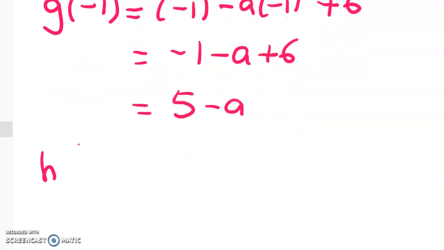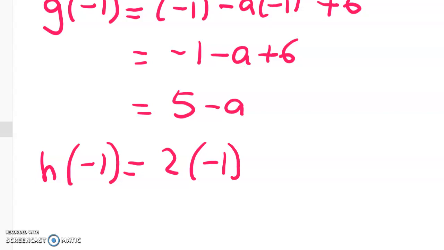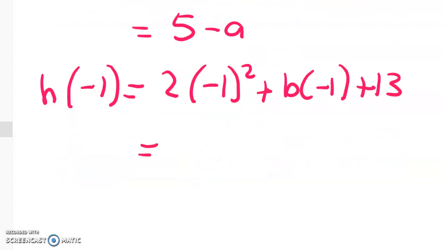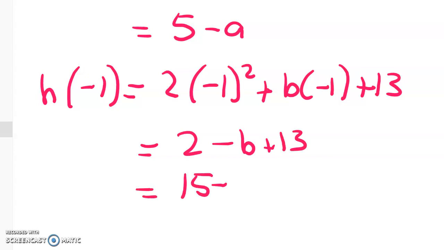And h of -1 is equal to 2 times -1 squared plus b times -1 plus 13. That works out to be 2 minus b plus 13, or 15 minus b.